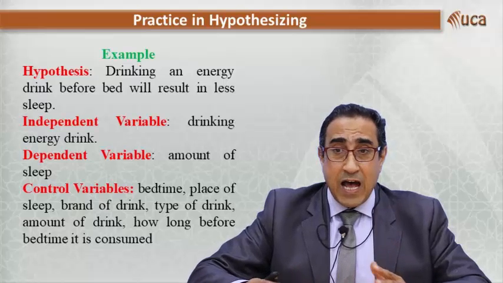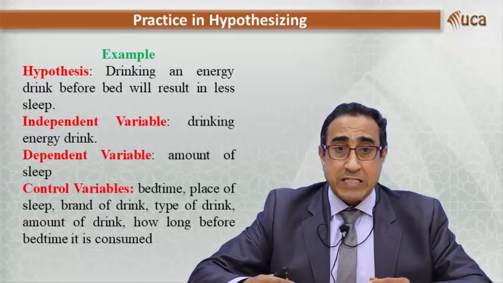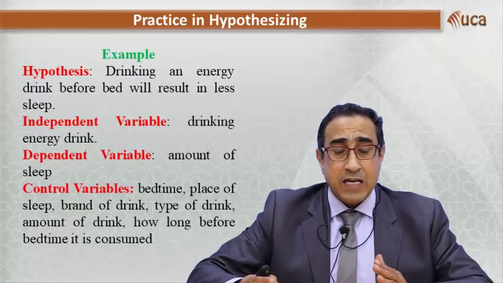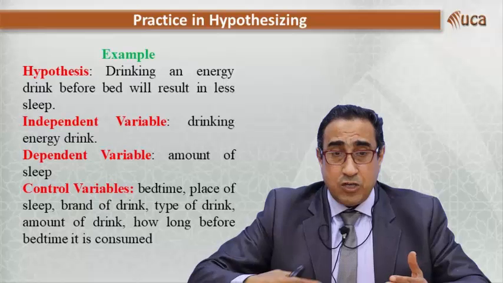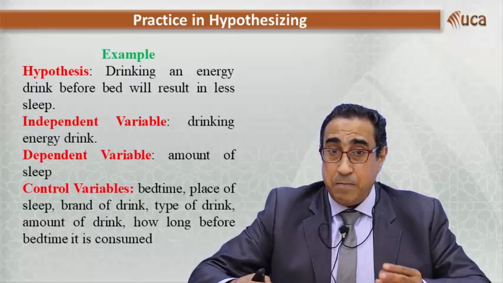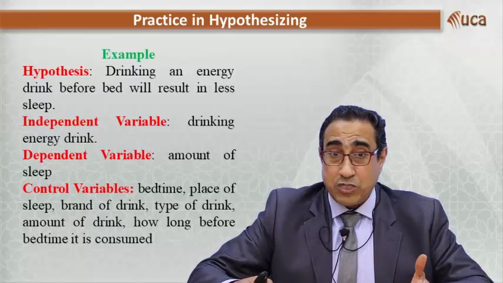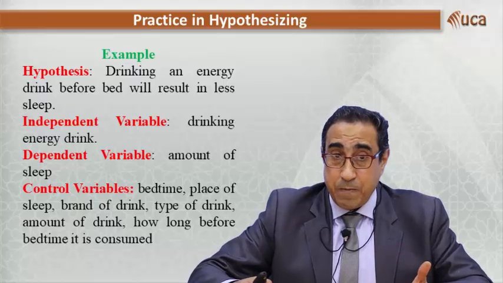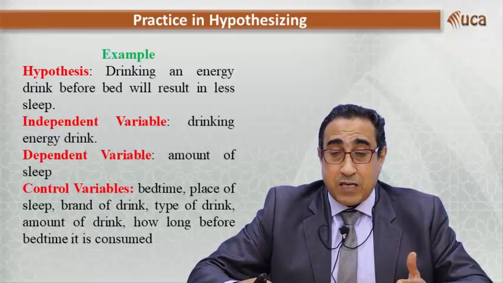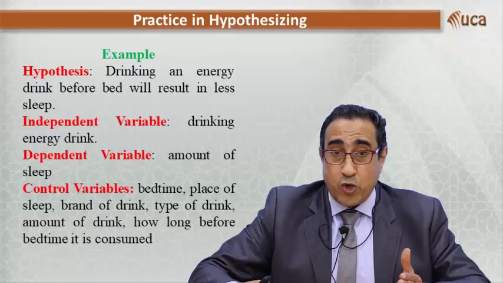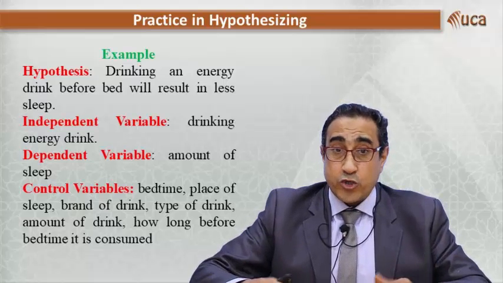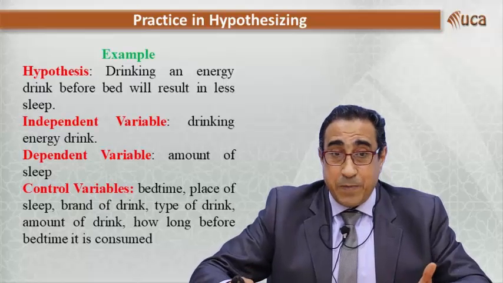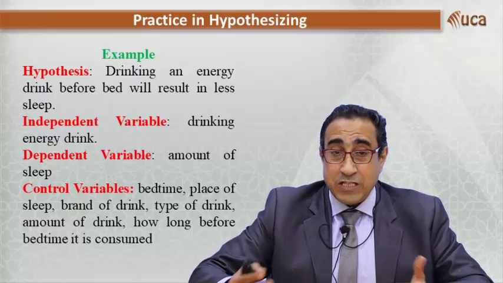Control variables are the components, the elements that don't change, that remain constant during the research, such as bedtime, the time shouldn't change, place of sleep, brand of drink. If the researcher gives a sweet drink or juice, for example, he shouldn't change it.